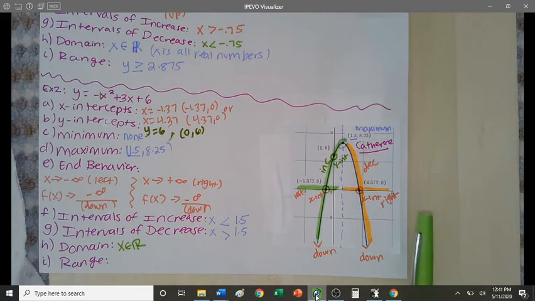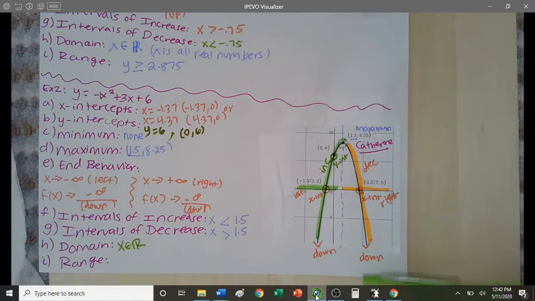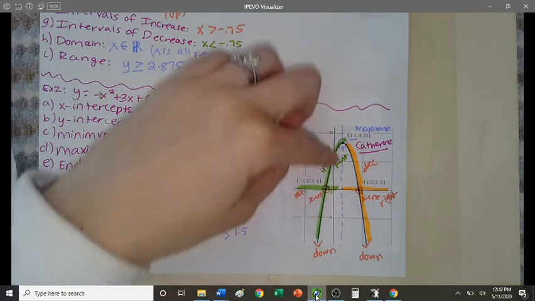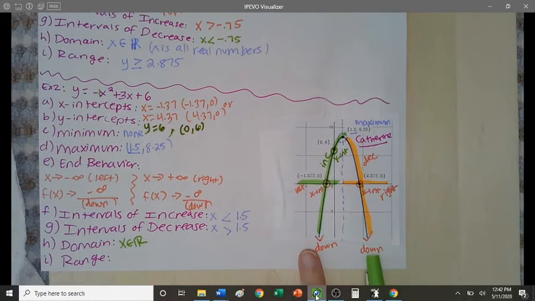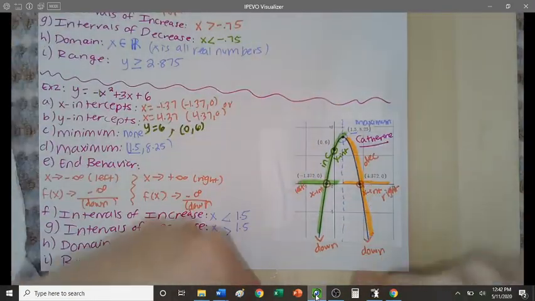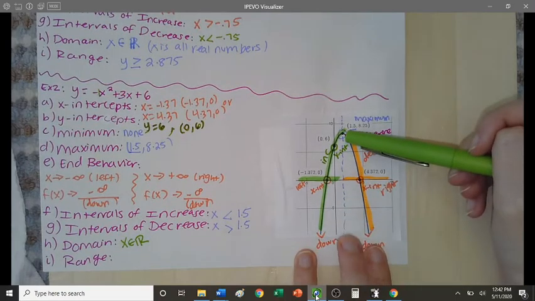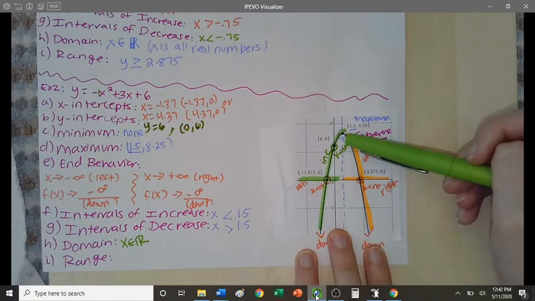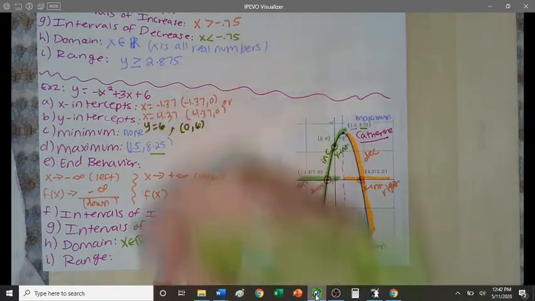Okay, always. Now the range, you ask yourself, how high does the graph go and how low does the graph go? Because the range deals with the y values. So let's see here, how low does the graph go? Well, since I have arrows pointing down forever, it's headed to negative infinity. It's heading down forever. And then how high does the graph go? Well, it goes all the way up to the maximum, which is at 8.25.